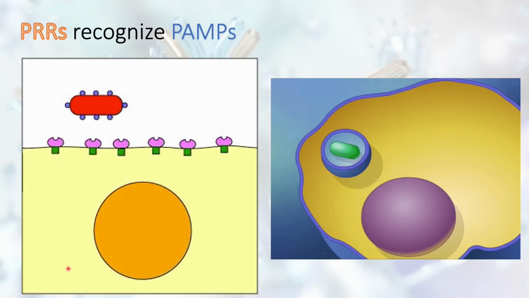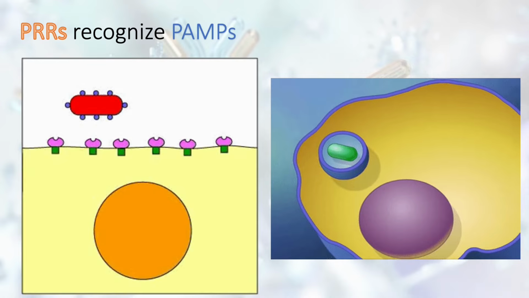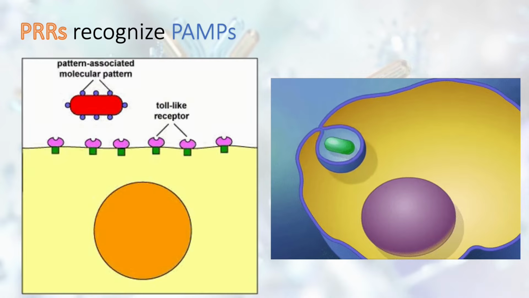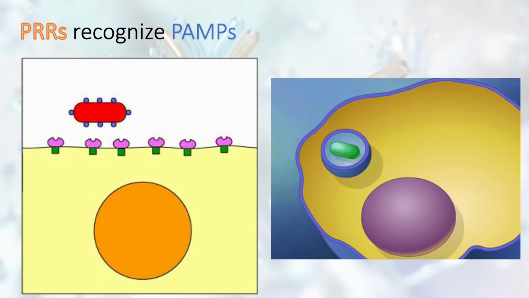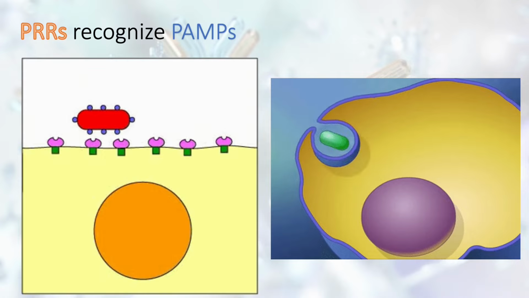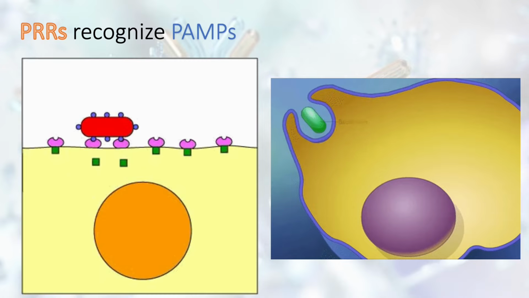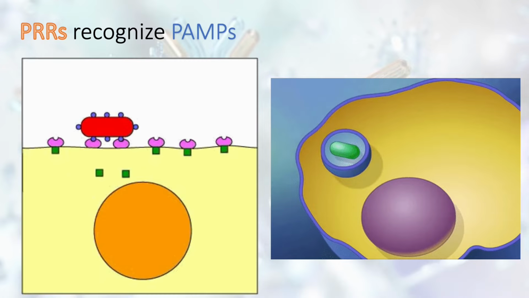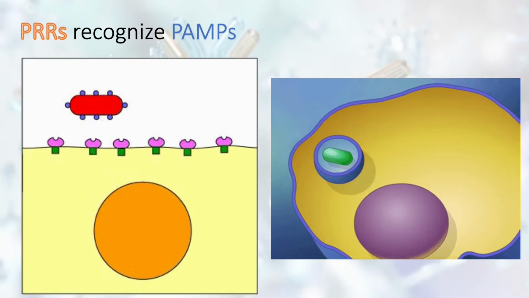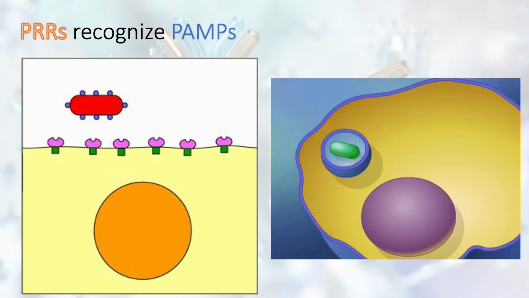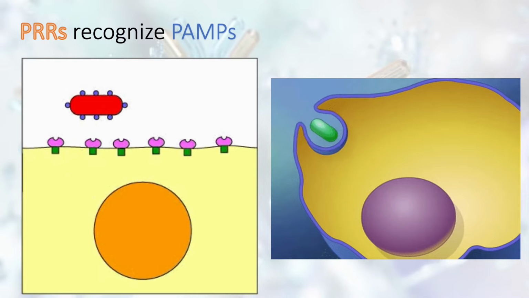So a key to the non-specificity of innate immunity will be the PRRs, pattern recognition receptors, like the toll-like receptor, that recognize universal antigens on non-self antigens, called PAMPs, pathogen-associated molecular patterns.